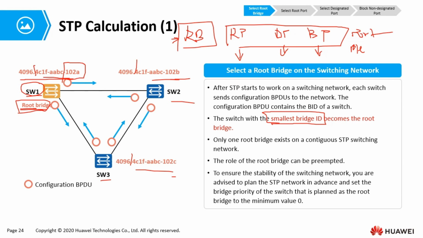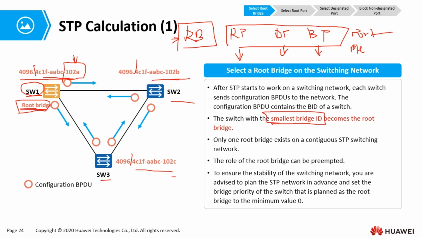After that, it will trigger the configuration BPDUs, and they will compare the BIDs with each other. At the end of the comparison, 2A will be the smallest and is elected to be the root bridge.